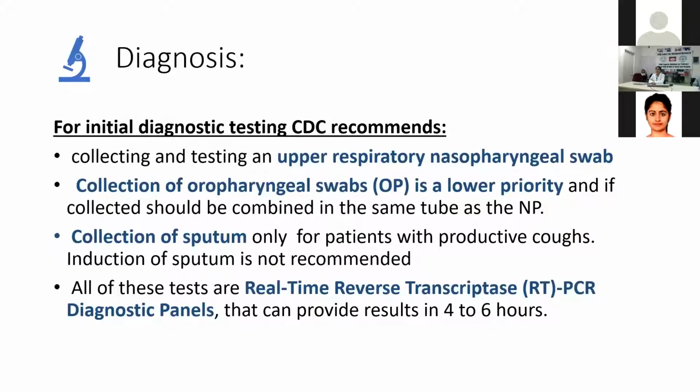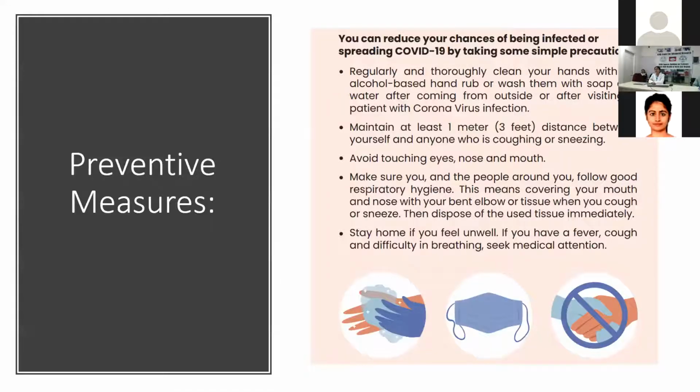Prevention is the foremost in COVID-19 since there are no known therapeutic interventions to control this pandemic. You can reduce your chances of being infected by taking very simple precautions.